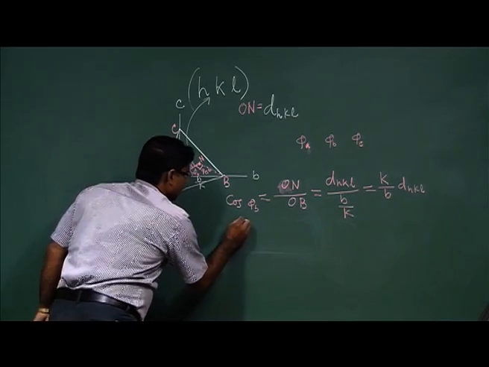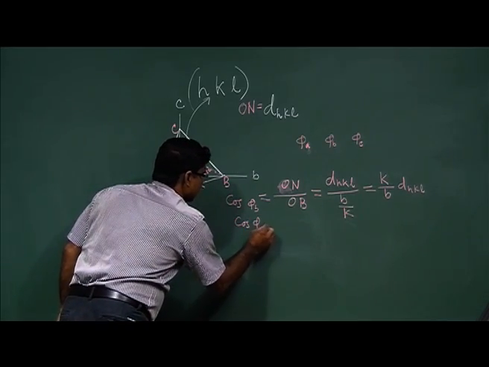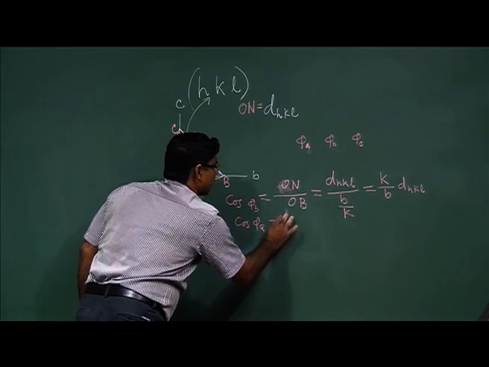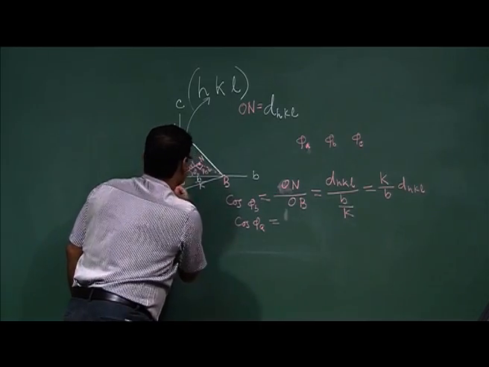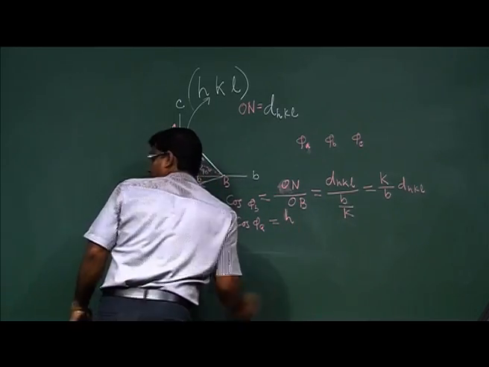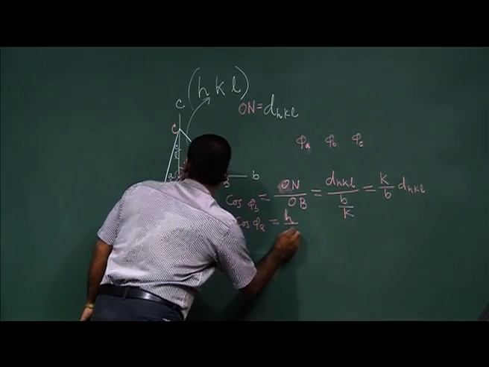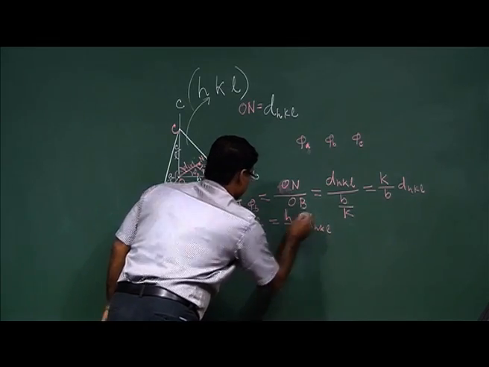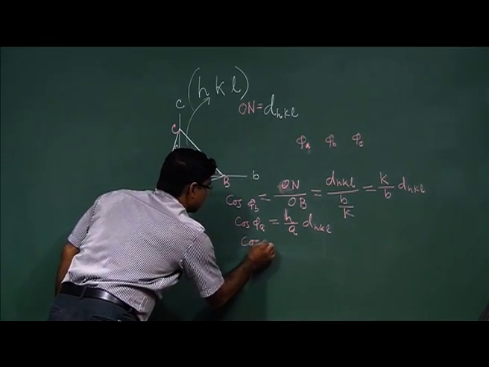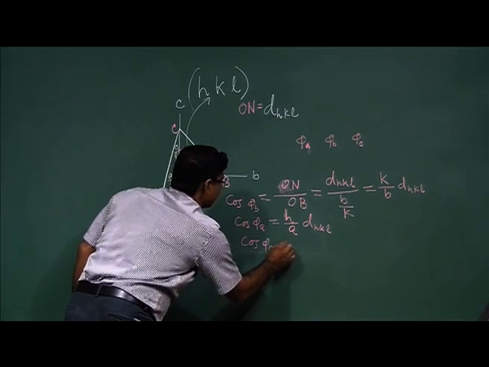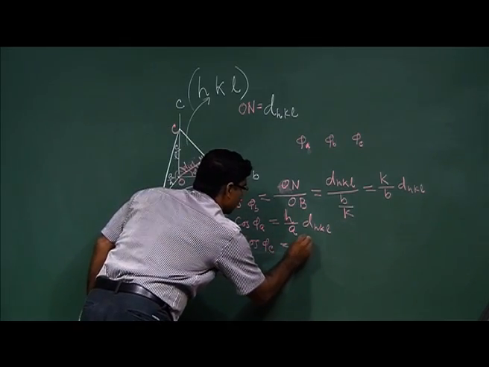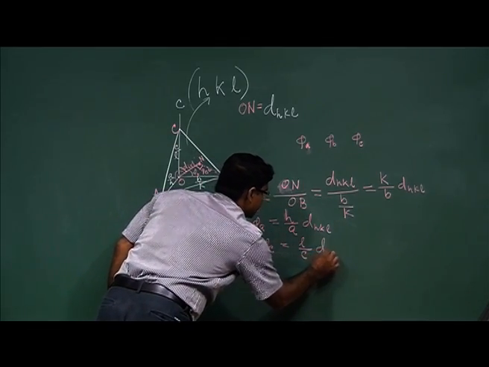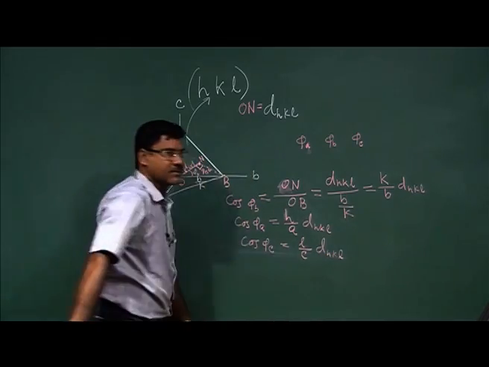Similarly, you can find cos phi a is equal to h by a times DHKL, and cos phi c will be L by c times DHKL.